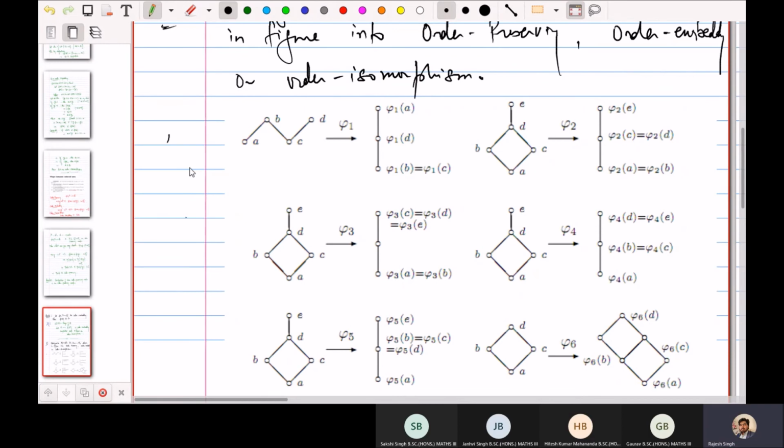ऑर्डर प्रिजर्विंग है, चेक कर लो. 4 ही तो तुम्हारे पास. अगर A रिलेटेड टू B है तो 5-1 A. What about 5-1 A? Is 5-1 A related to 5-1 B? No, sir. तो जब ये ऑर्डर प्रिजर्विंग ही नहीं है तो बाकी तो हो ही नहीं सकता है, राइट?